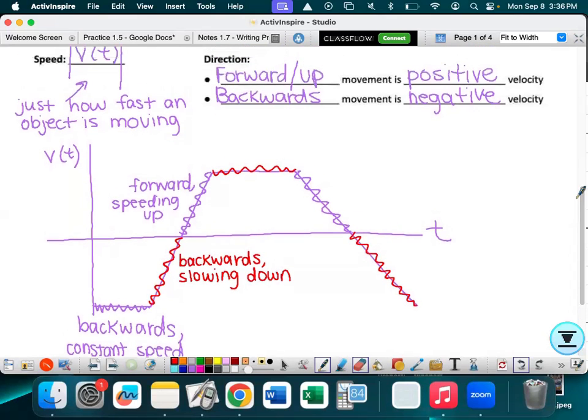Okay, so my next section, velocity is positive, so we are moving forward. The velocities are also staying at a constant speed because I'm not changing my velocity at any given point in that interval. Those are all the same positive value.